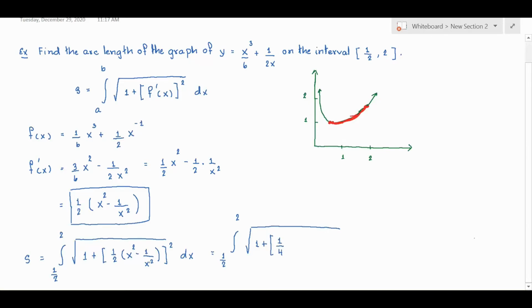Then I have to square x squared minus 1 over x squared. You can multiply it by itself, or use the formula however you feel comfortable.